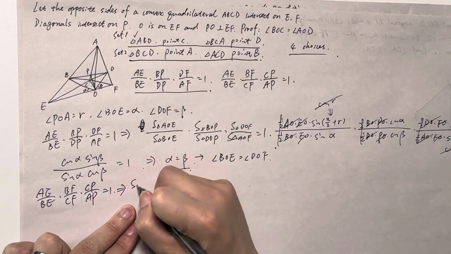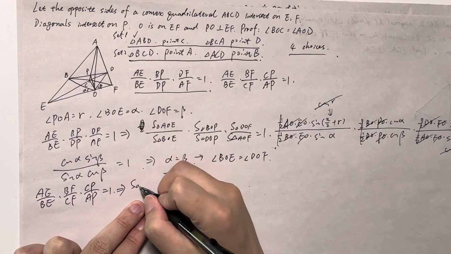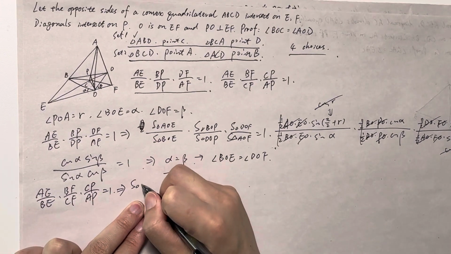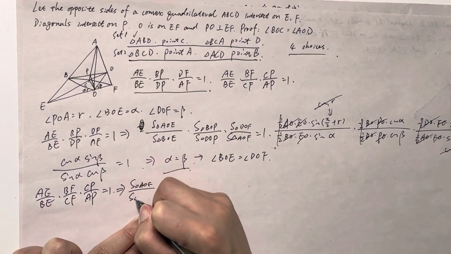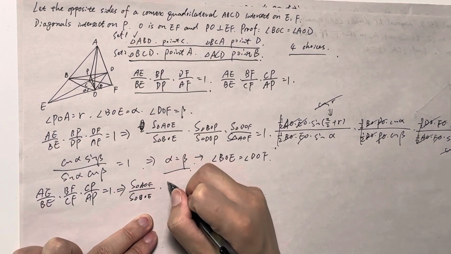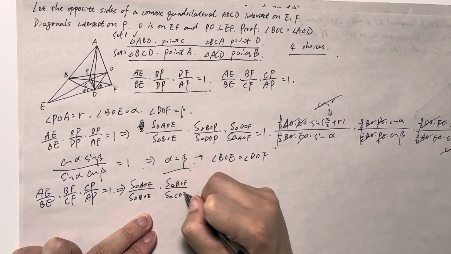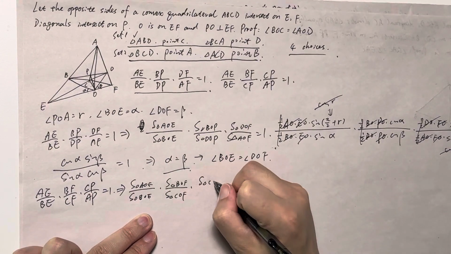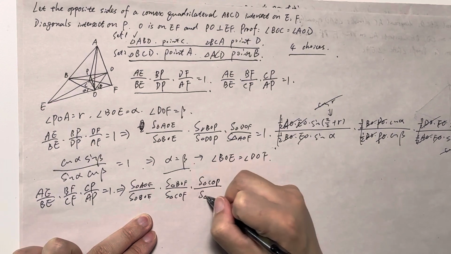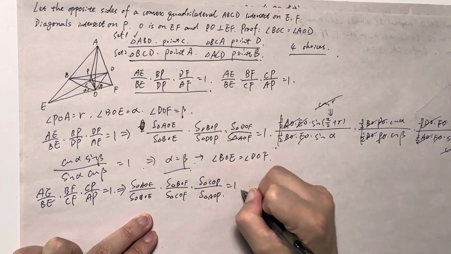AE to BE, again, we just put O inside of it. So that's the area of triangle AOE to the triangle BOE, and the triangle BOF to the triangle COF, and the triangle COP to the triangle AOP, equals 1.